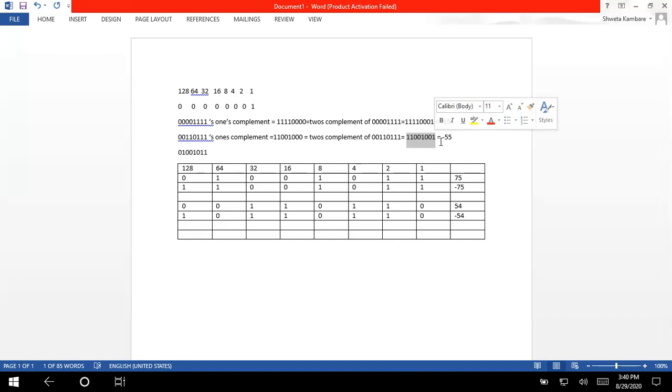If you want to represent minus 55 by using sign magnitude representation, this will be different. Don't get confused. The representation will be different in different types of representations.